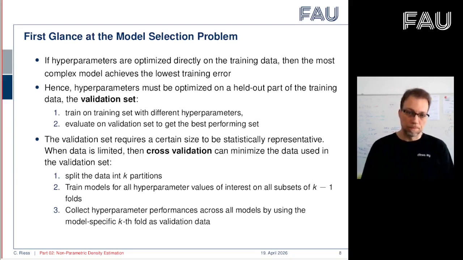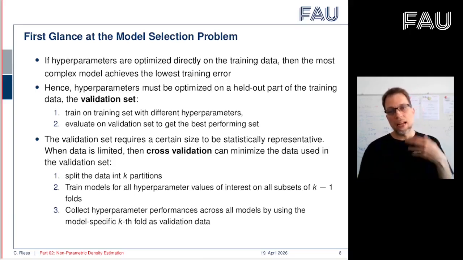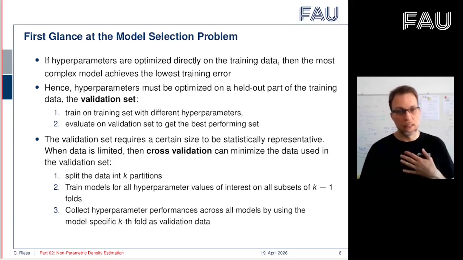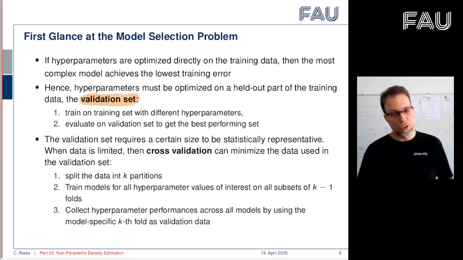Therefore, the hyperparameters must be optimized on a held out part of the training data, which is called a validation set. I'm sure you heard this in another machine learning lecture. I'm just repeating it for the sake of completeness.